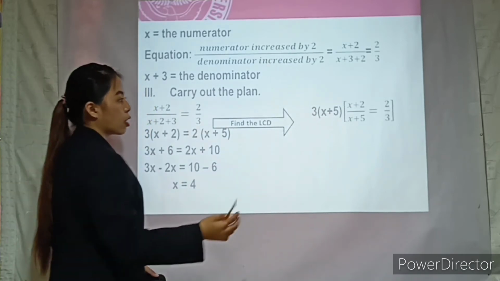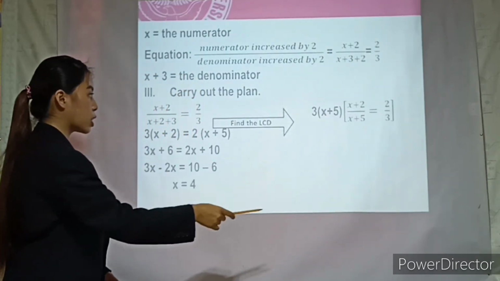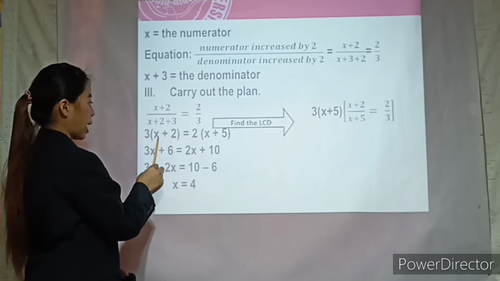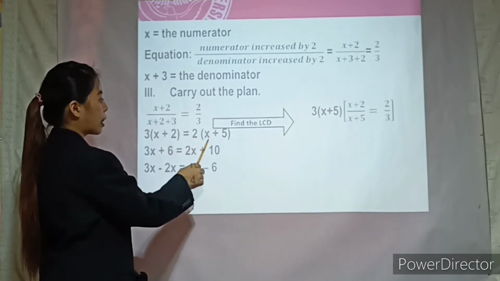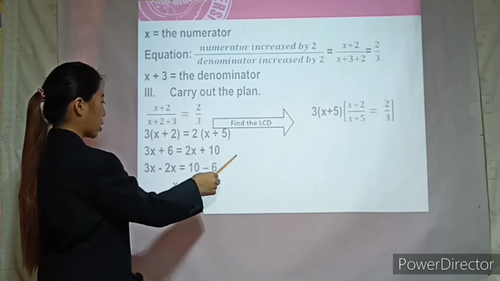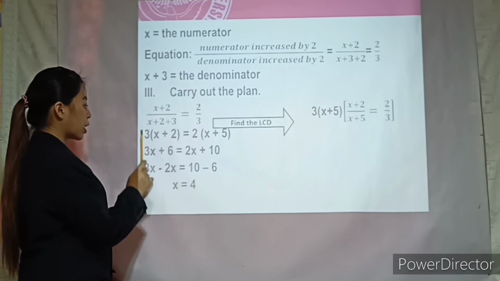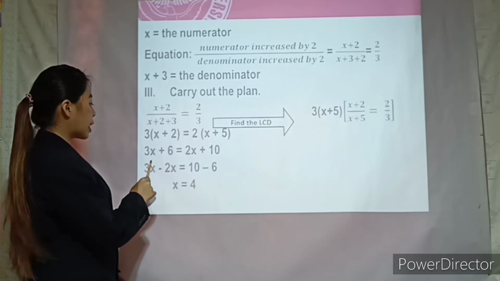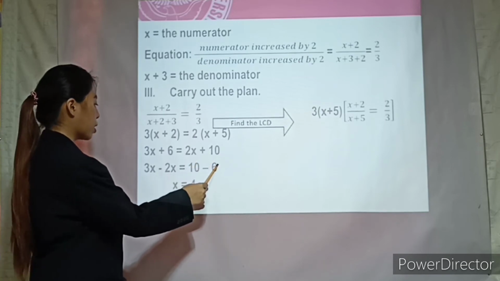If we simplify this, it will result into 3 times x plus 2 equals 2 times x plus 5. Then we multiply this, it will result into 3x plus 6 equals 2x plus 10.